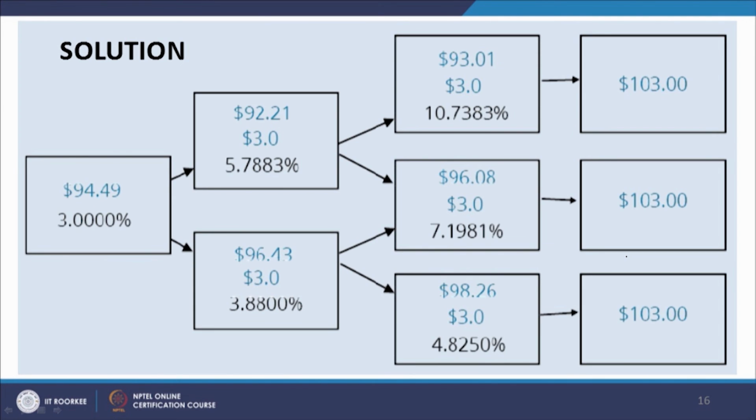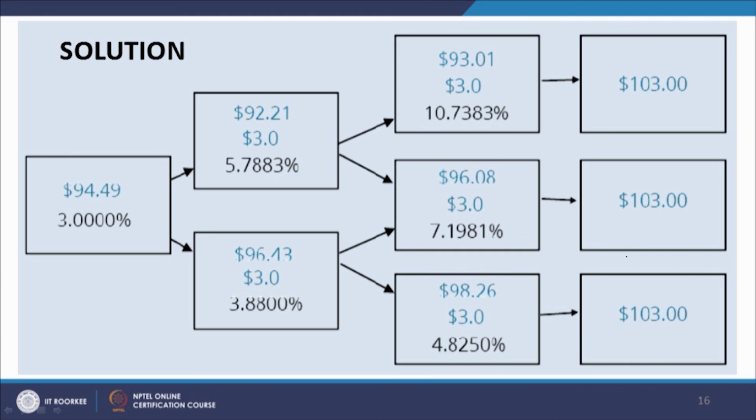This slide shows the tree for t equal to 0 to t equal to 1, that is the spot rate at t equal to 0, we have 3%. For t equal to 1 to t equal to 2, that is F12, we have two possible values: 5.7883%, that is the forward rate for t equal to 1 to t equal to 2, and the other forward rate that may possibly occur with the probability of 50% is equal to 3.8800%.